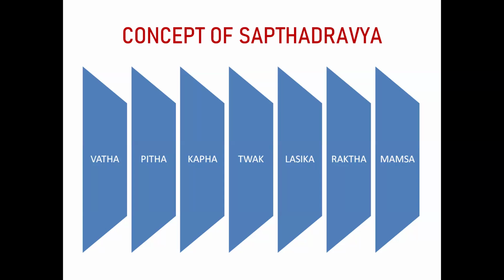Basically, Saptadravya involvement means chronicity. Chronic skin diseases will have the Saptadravya involvement, and they are included under Kushta, Visarpa, and Shvitra. Shvitra is a hypopigmentary disorder. Though it is a hypopigmentary disorder, we can see the involvement of Saptadravyas.